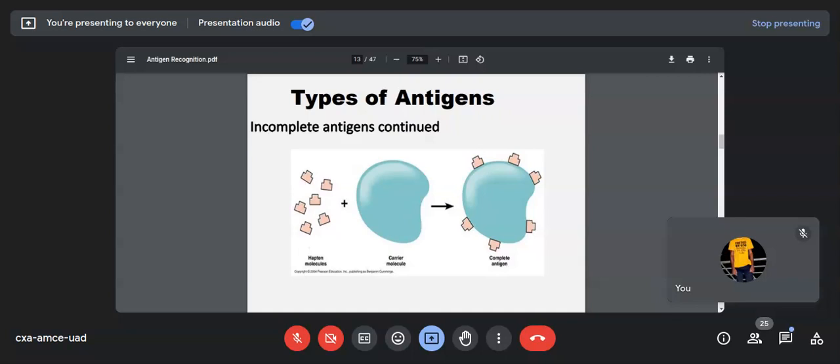So an adjuvant is a molecule that you would add to a partial antigen to make it more immunogenic. You're getting the point, eh? So this carrier molecule is an example of an adjuvant. So what you add to something to make it more immunogenic is just an adjuvant.